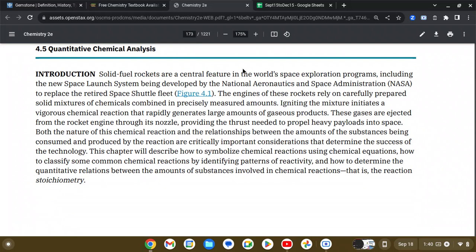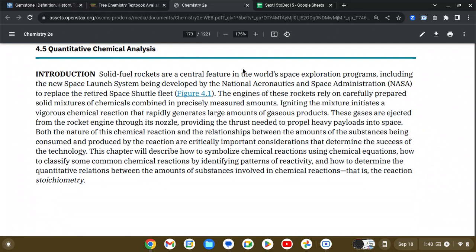Introduction. Solid fuel rockets are a central feature in the world's space exploration programs, including the new Space Launch System being developed by the National Aeronautics and Space Administration to replace the retired Space Shuttle fleet. The engines of these rockets rely on carefully prepared solid mixtures of chemicals combined in precisely measured amounts.